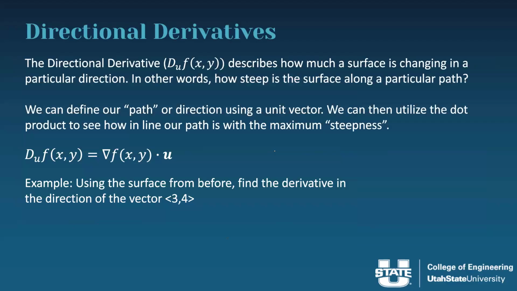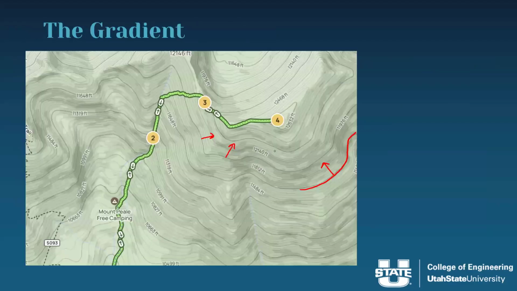So now the directional derivative, kind of building off of the gradient, the directional derivative describes how much a surface is changing in a particular direction. In other words, how steep is the surface along a particular path. So if we think back to this example, our gradient showed the steepest slope at any given point. Our directional derivative says, okay, if I'm following this path, how steep is it going to be?